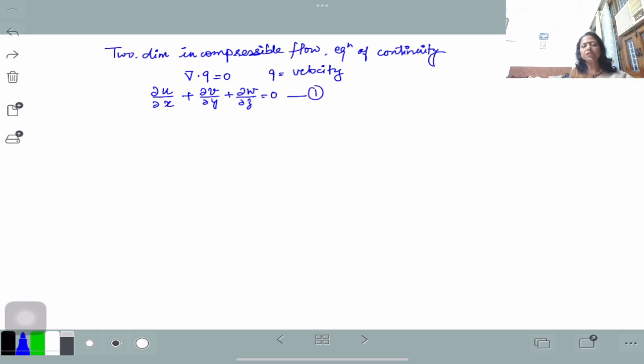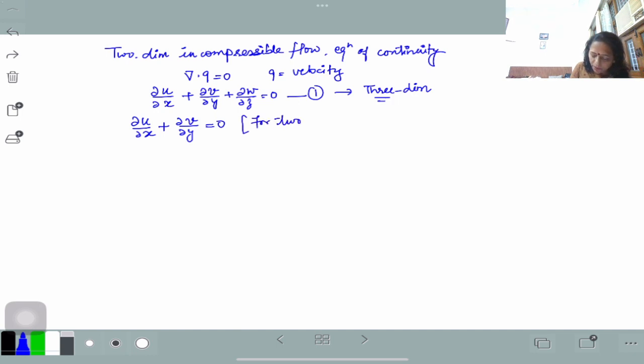So since I am considering only the two-dimensional flow, and this is in 3 dimension, I convert it into the two-dimensional equation of continuity, which converts to ∂u/∂x + ∂v/∂y = 0. It is for two-dimensional. I have considered only two directions, x and y.